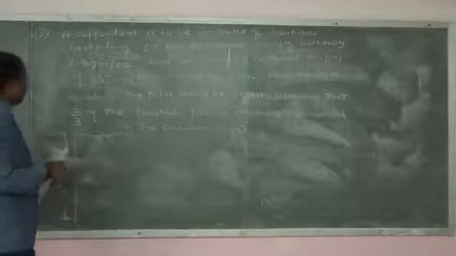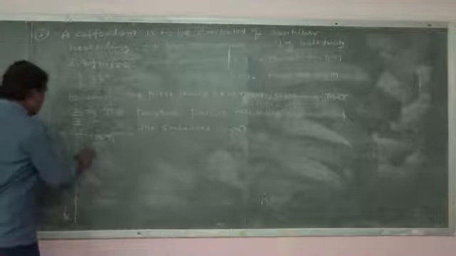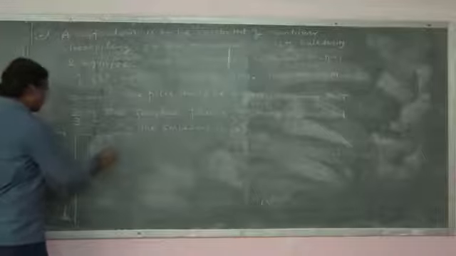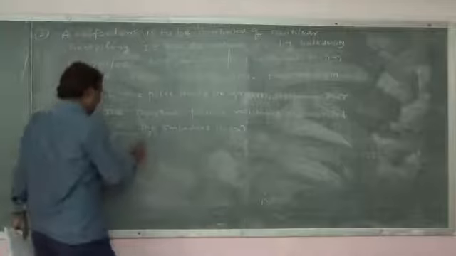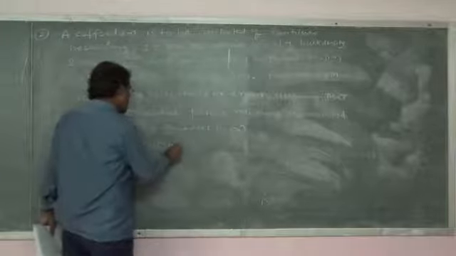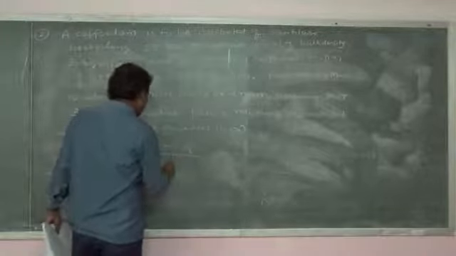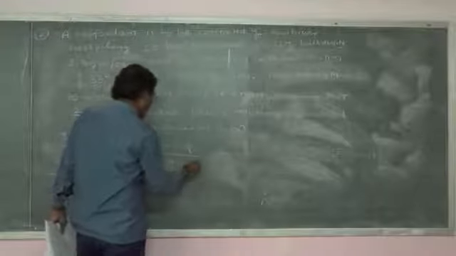Before that, here phi is given, 33 degrees. So first of all we will calculate Ka and Kp. Ka is equal to 1 minus sin phi divided by 1 plus sin phi.